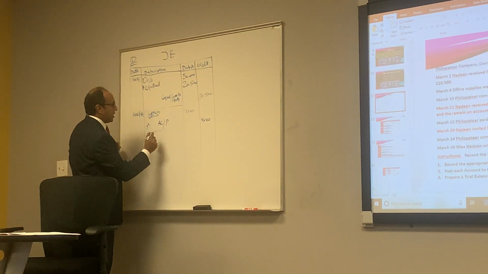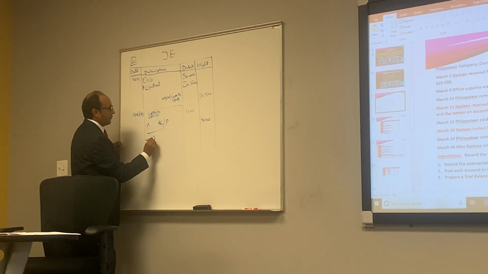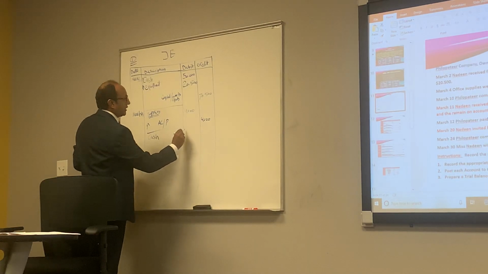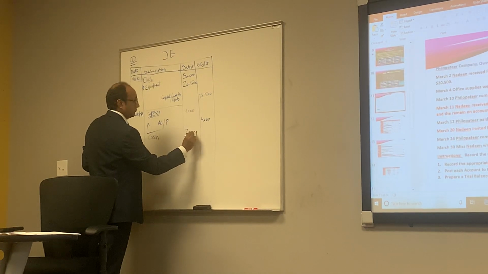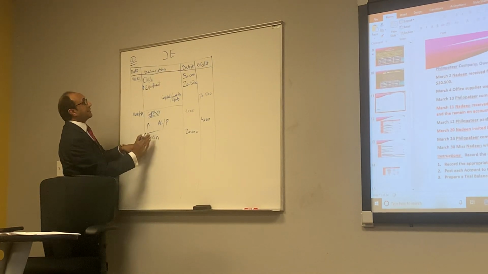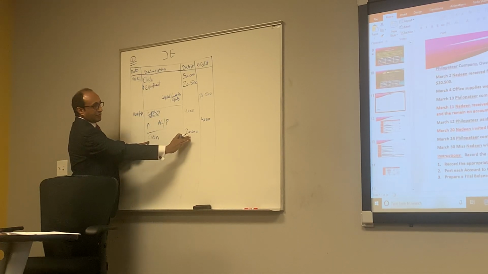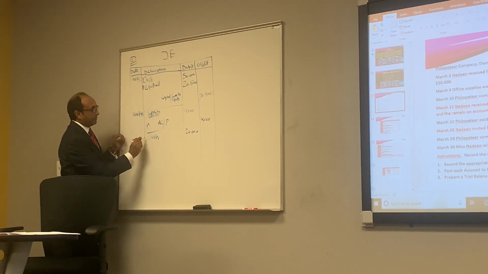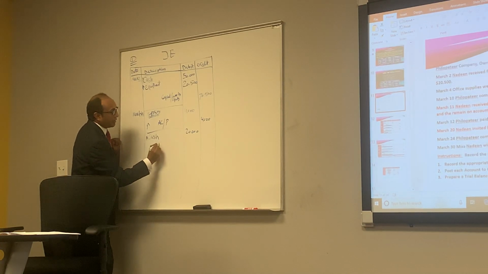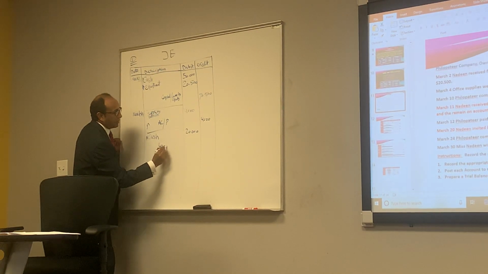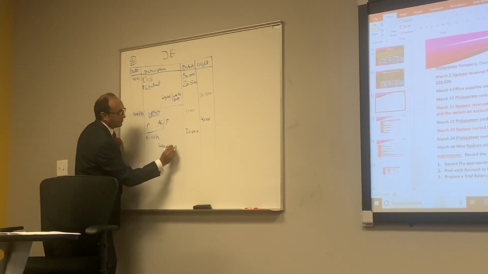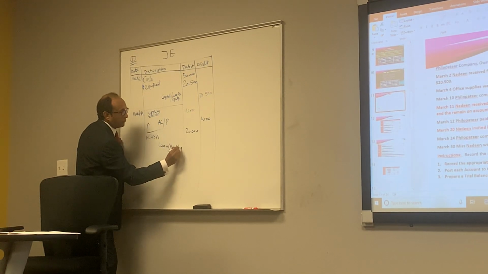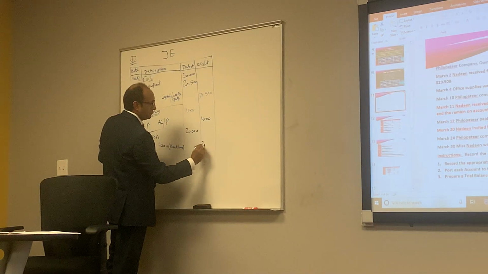So cash here is going up with the value of $20,000. So I have to record in the debit side $20,000 as the asset, and the bank loan in the credit side with $20,000.